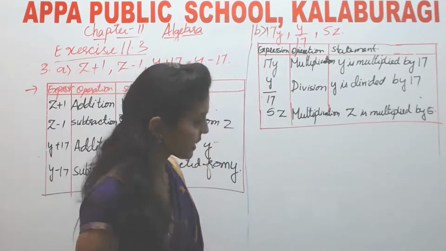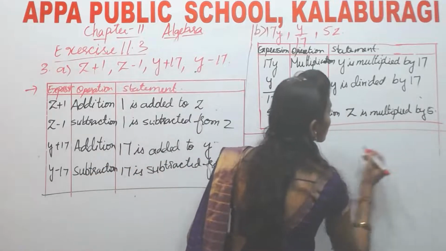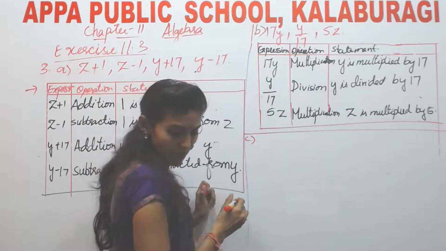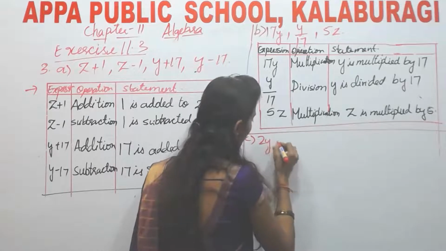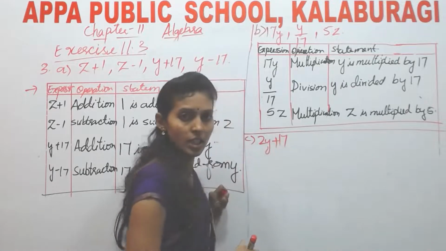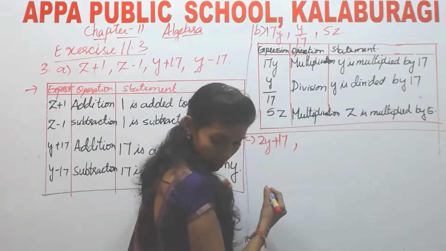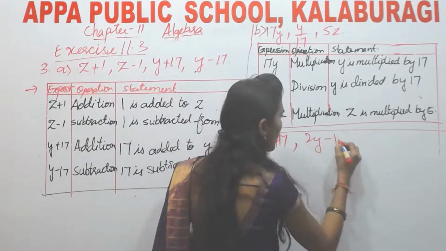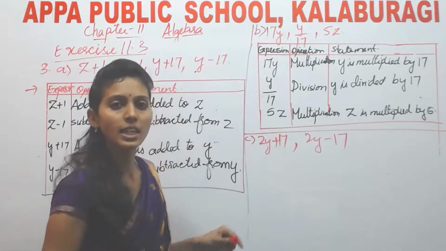Now, see one thing. We have 2 times y plus 17 and 2 times y minus 17. Right?